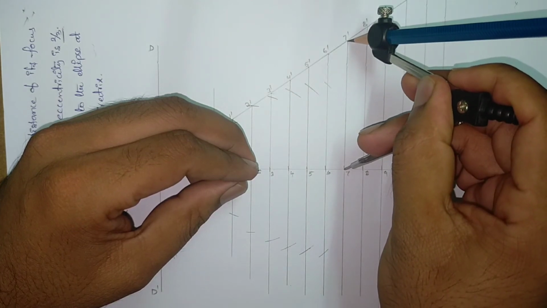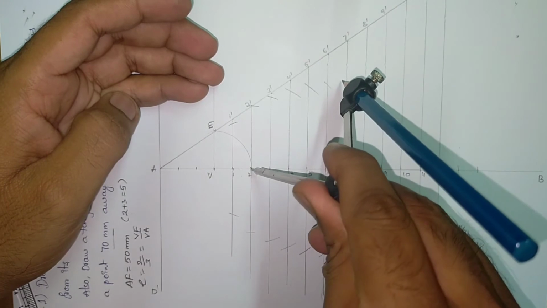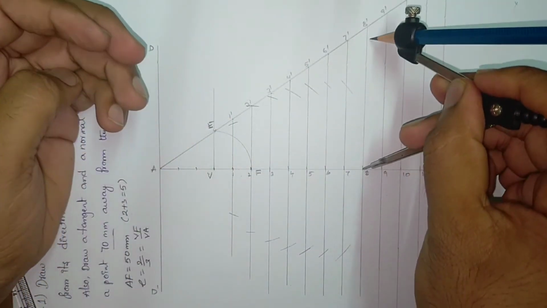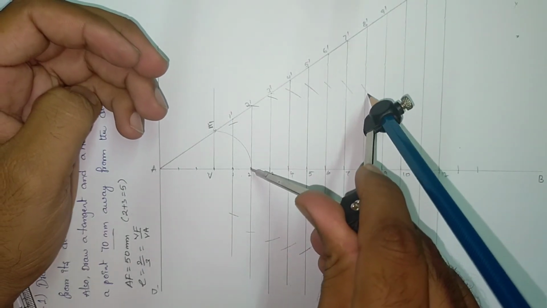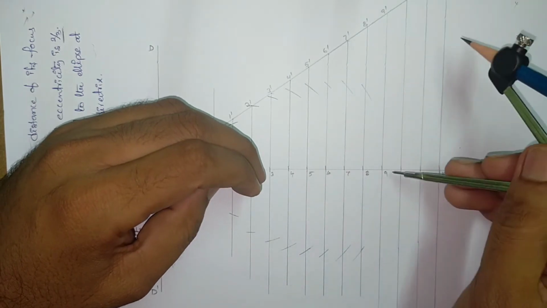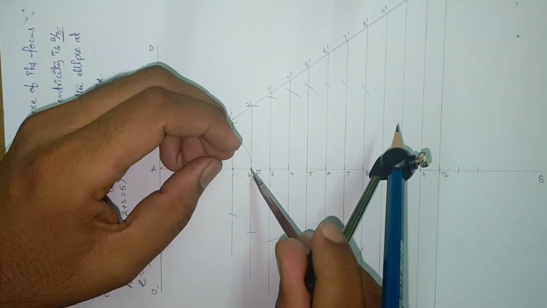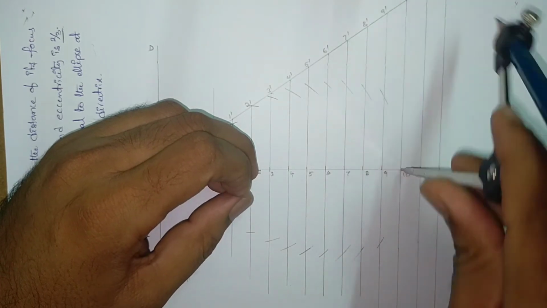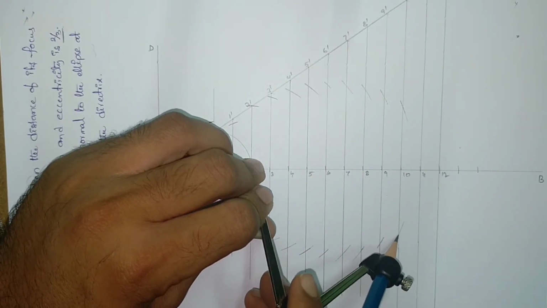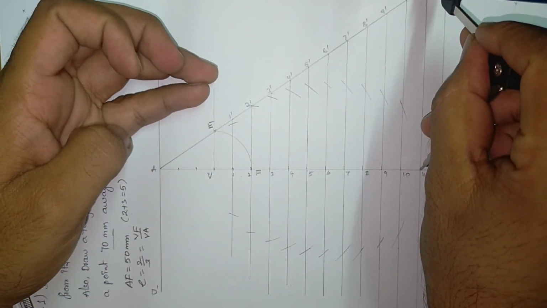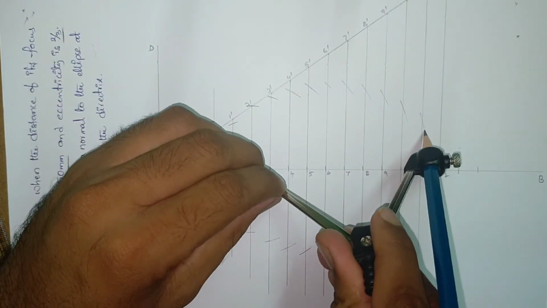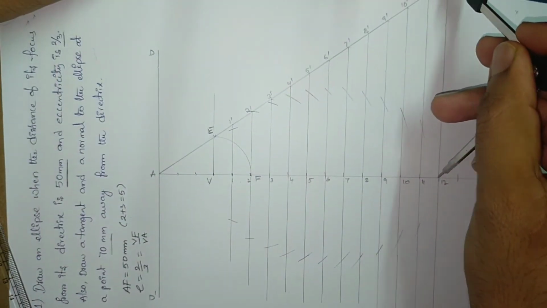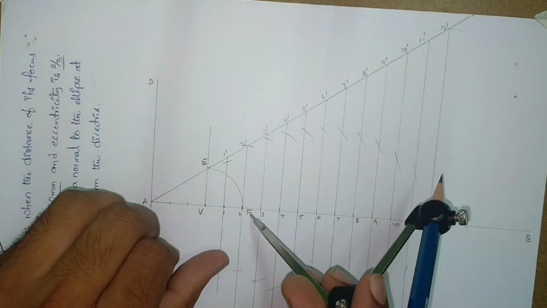At 7 dash, F as center. Here the radius will change, the center won't change. 8 dash as radius, F as center. 9 dash as radius, F as center. 10 dash as radius, F as center. 11 dash as radius, F as center. 12 dash as radius, F as center.